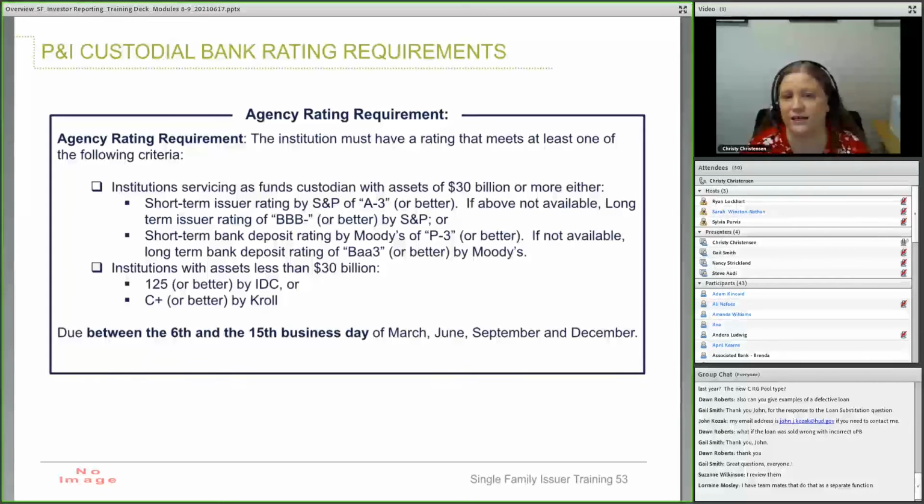Institutions with assets less than $30 billion must have an IDC rating of 125 or better, or a C+ or better by Kroll. CAVS is due between the 6th and 15th business day of March, June, September, and December.